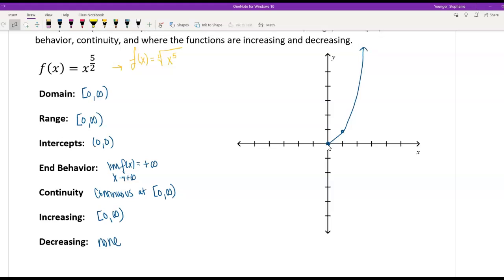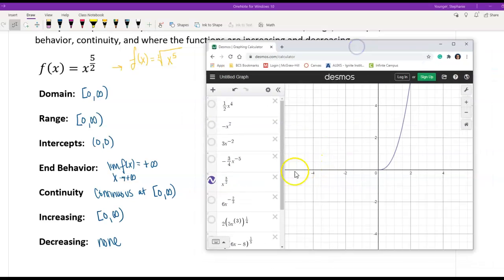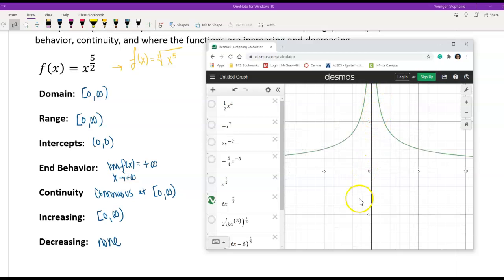That is because I'm taking the root, but I have an exponent that is larger than 2. And if we were to pull the Desmos over, that is what it looks like on Desmos. And what happens if I have a negative exponent that is also going to be a radical? If you take a look, it becomes reflected across the y-axis. We have some asymptotes once again.